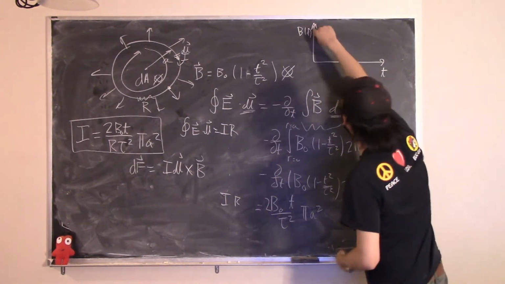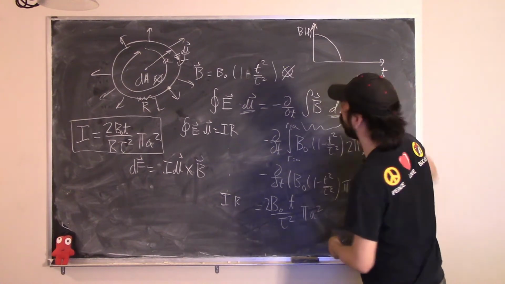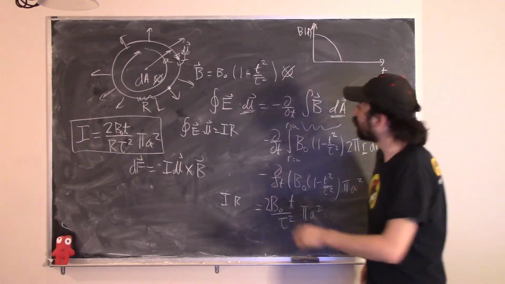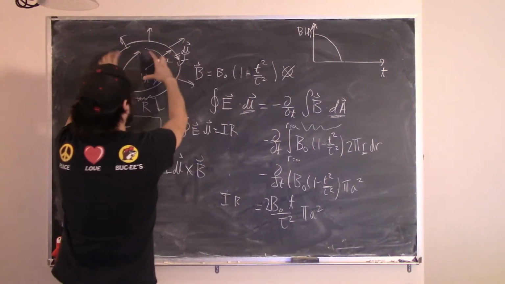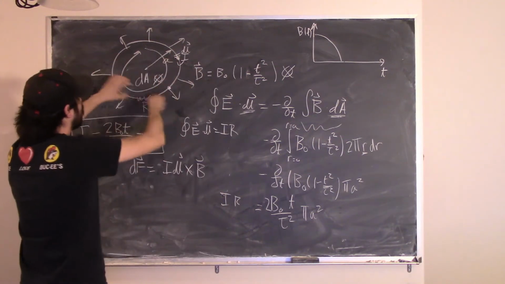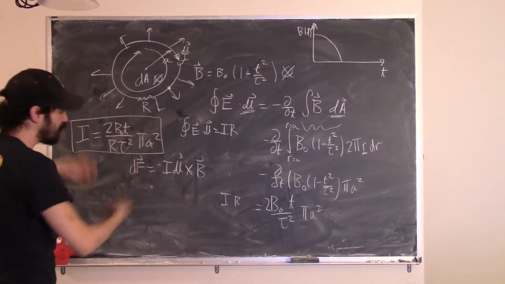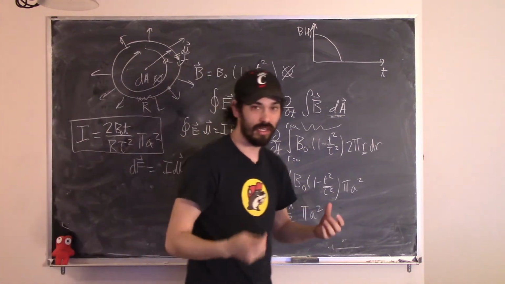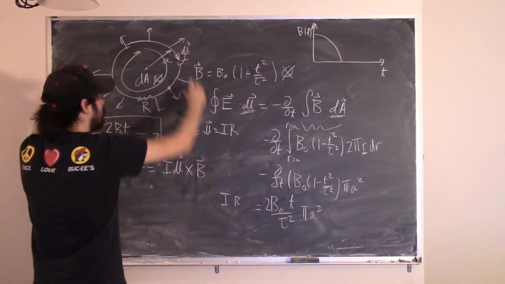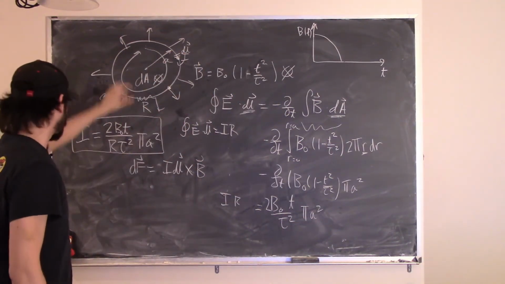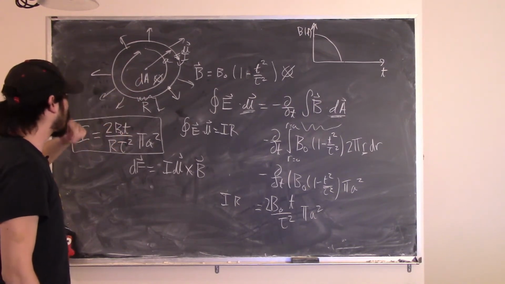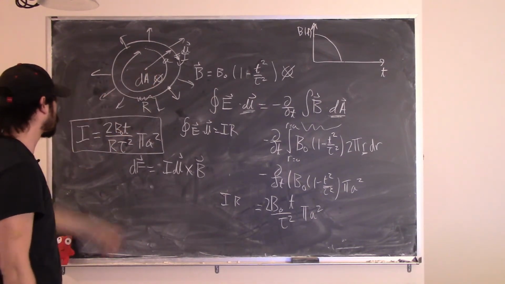It's getting more and more negative, and it's going down. And so what that says is I have less and less magnetic field going through this loop, and what the loop is going to try to do to keep the same amount of magnetic flux is try to expand. Okay? So that's Lenz's law, consistent with the direction that we had with Faraday's law.